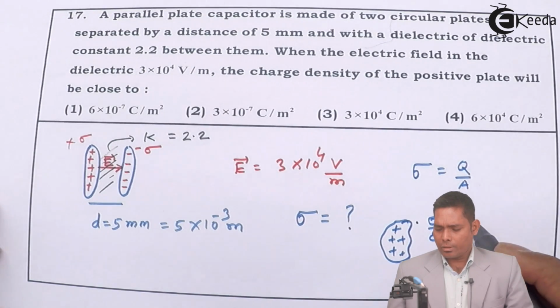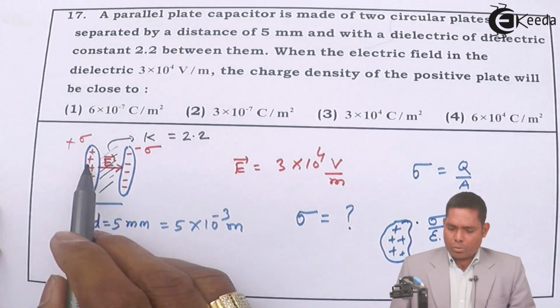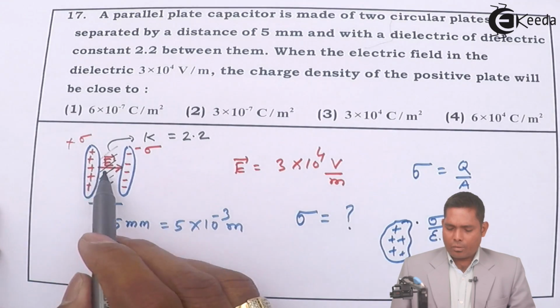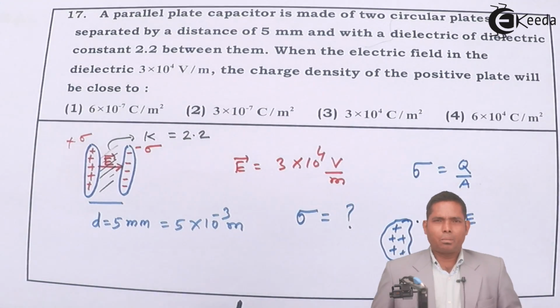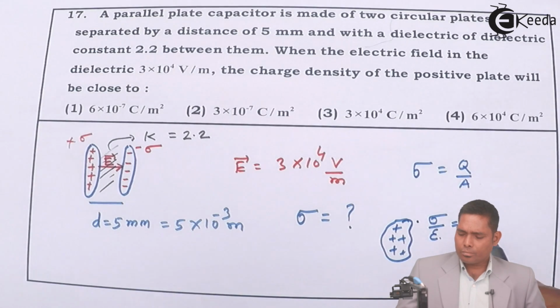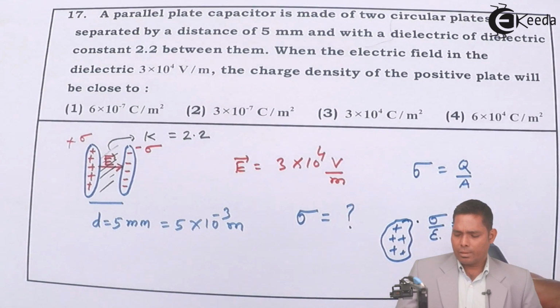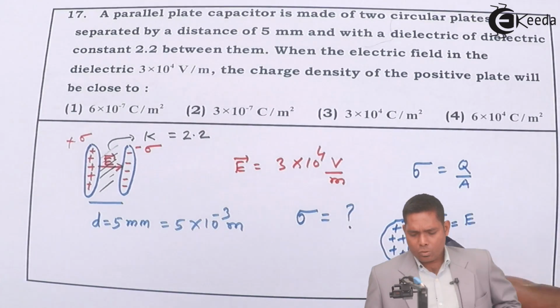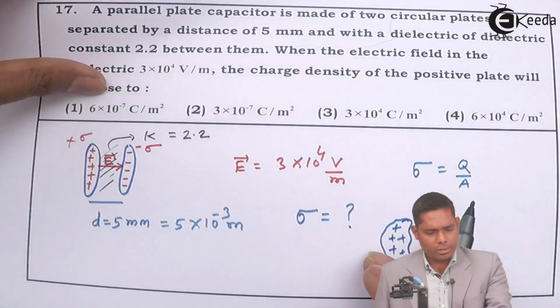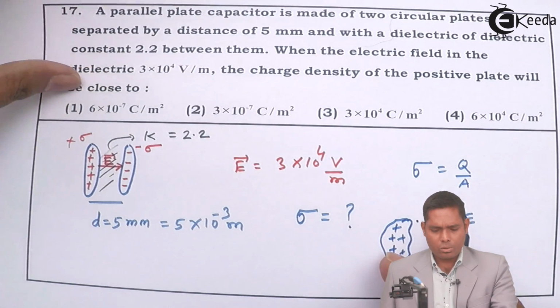In a parallel plate capacitor, the electric field between the plates is sigma upon epsilon naught. So then sigma equals E into epsilon. This gives you the charge density, so I'll use that relation to get the answer. This is the whole concept.